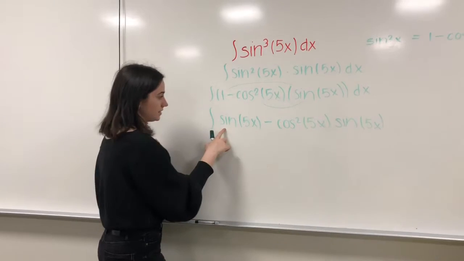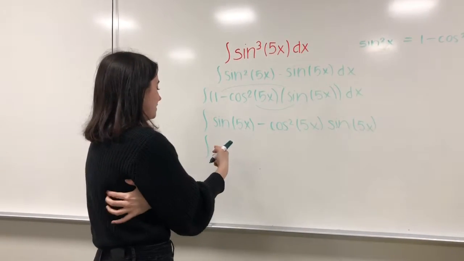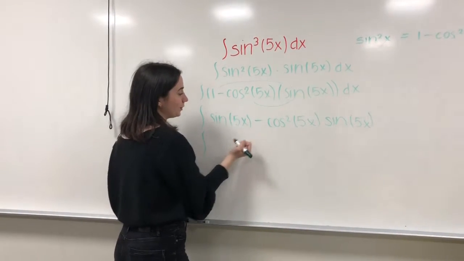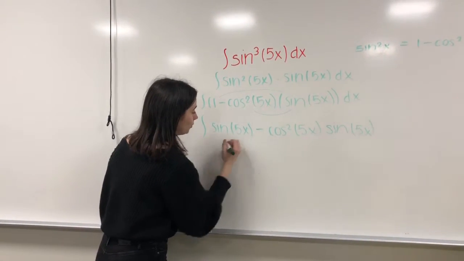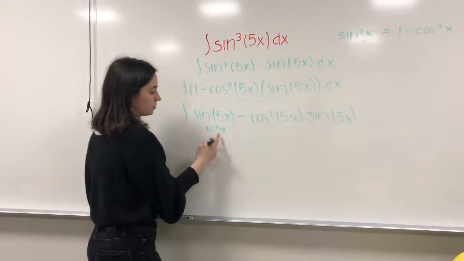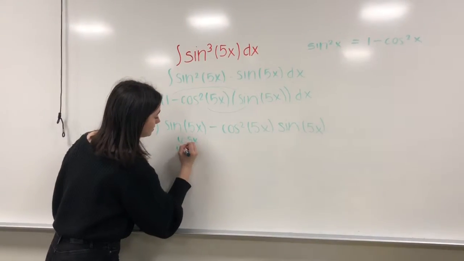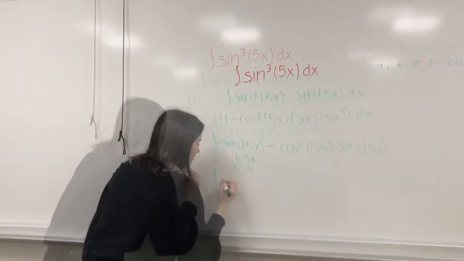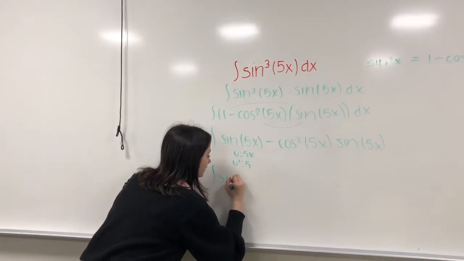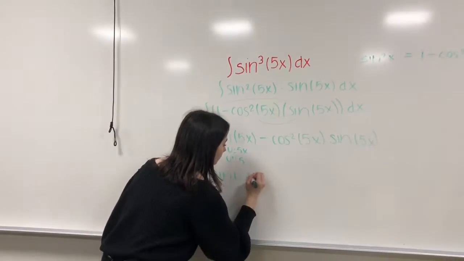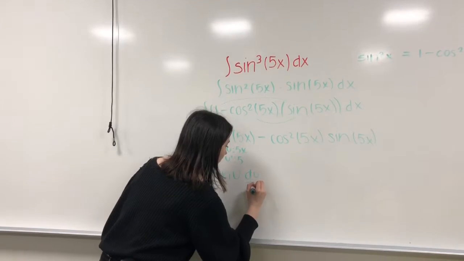We know that the derivative of sin is cos. And here we're going to use u equals 5x, and the derivative of 5x is 5. So we have sin u, which in this case is 5x, du over 5.